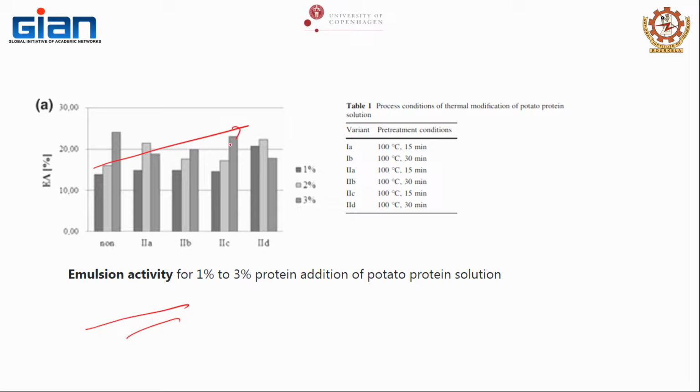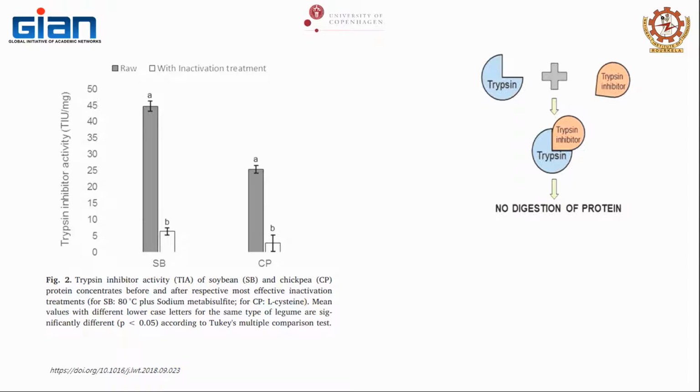This is another example for emulsion activity, and they saw an increase, in some cases no changes, with respect to heat treatment. But the most interesting thing here is that, coming back to our anti-nutritional factors. One thing I wanted to highlight is that when I use the term techno-functional property in my lecture, I cover all the functional properties, plus I also cover digestibility, flavor and anti-nutrients.